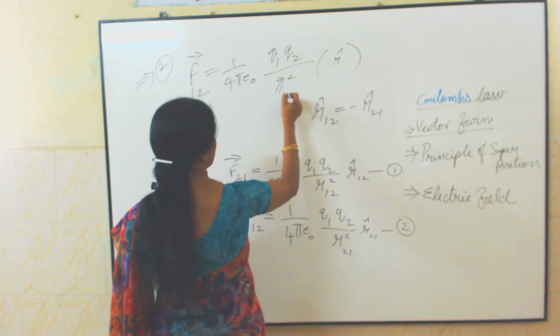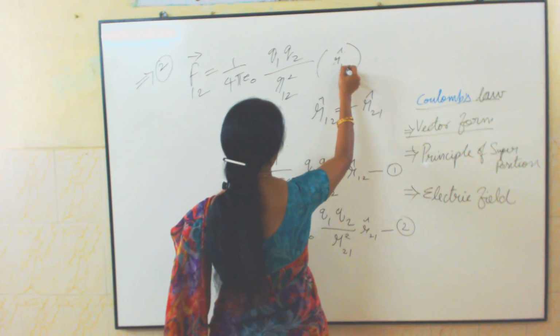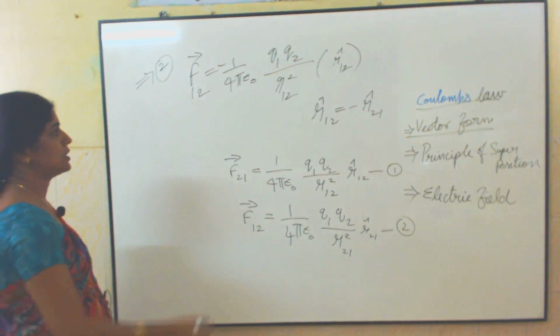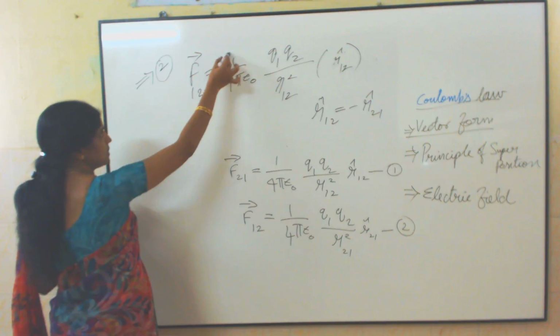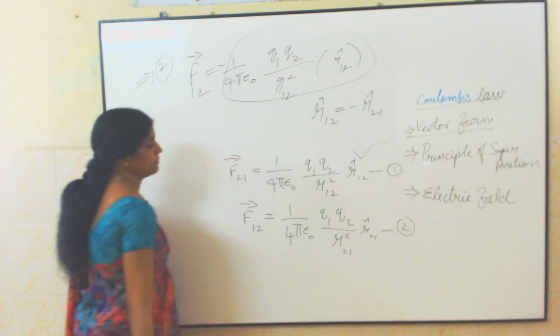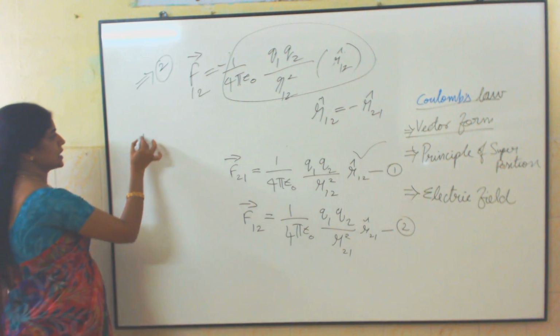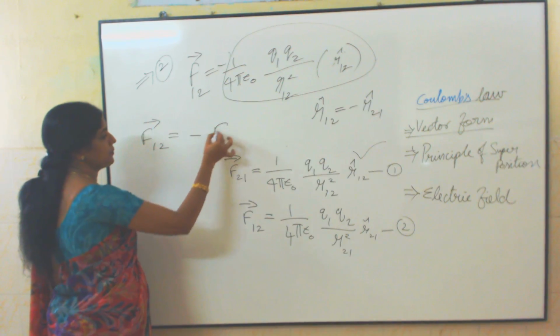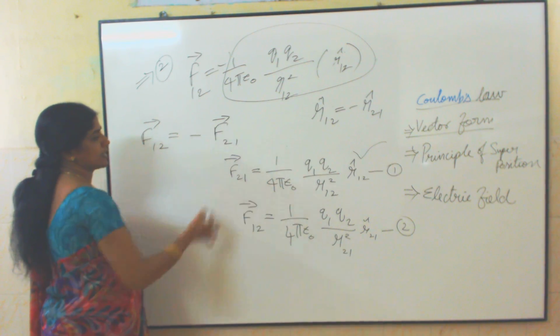So, equation 2 is rewritten with the minus going out. Now, this one is nothing but your equation 1. So, I can write F12 vector is equal to minus of F21 vector.